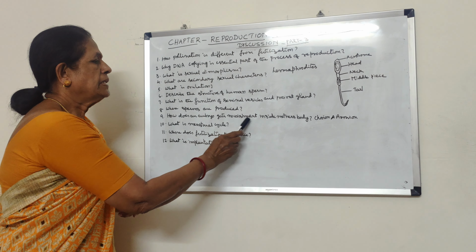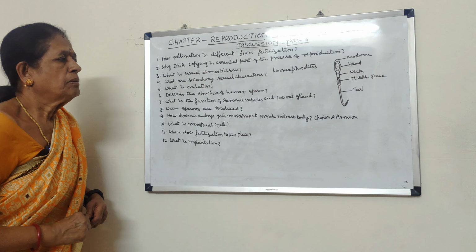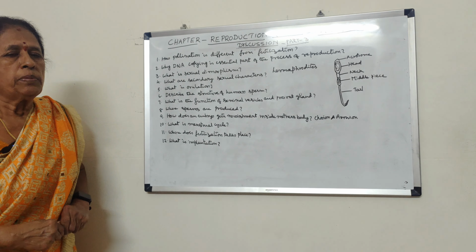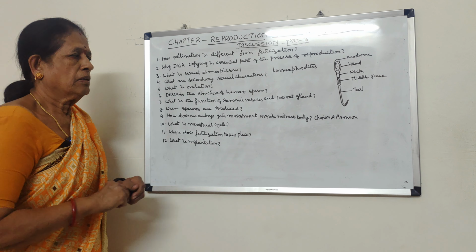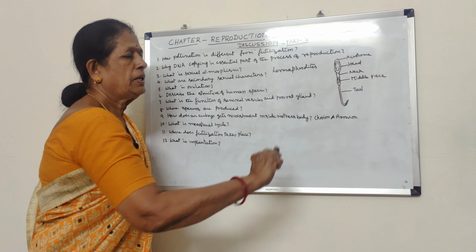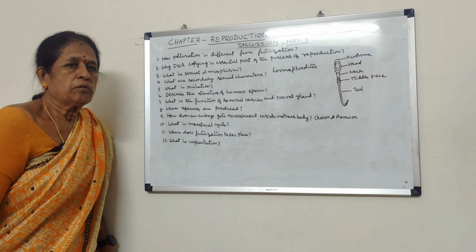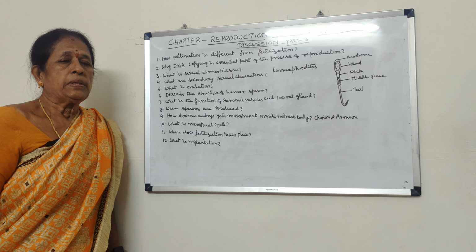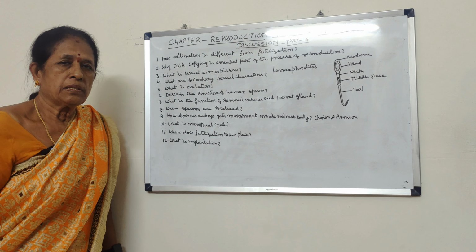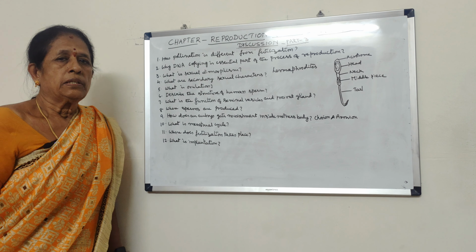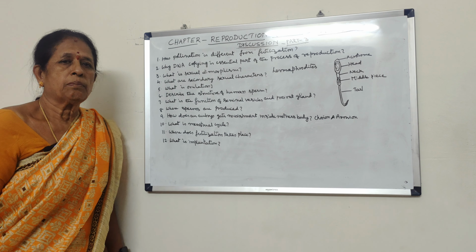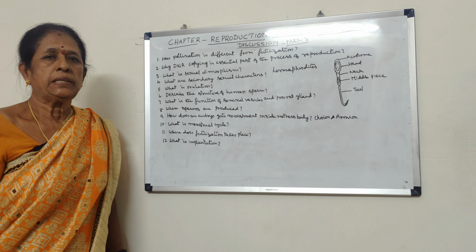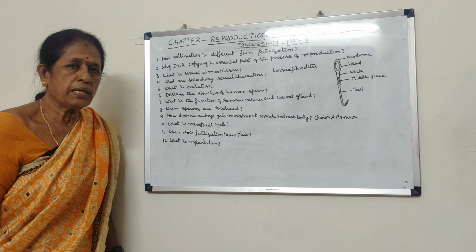How does the embryo get nourishment inside the mother's body? So the embryo is covered with two membranes, chorion the outer membrane, amnion the inner membrane. So chorion develops finger-like projections. So that means fertilization takes place in the fallopian tube, and the zygote undergoes a number of mitotic divisions and forms a multicellular structure which is called an embryo.